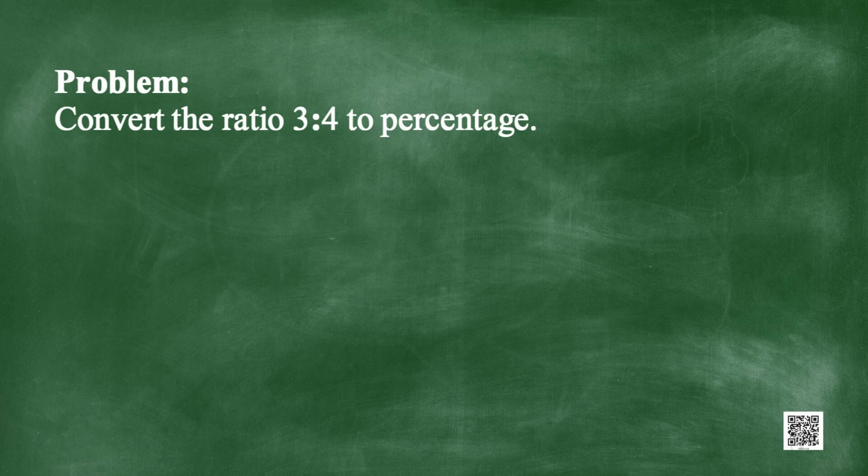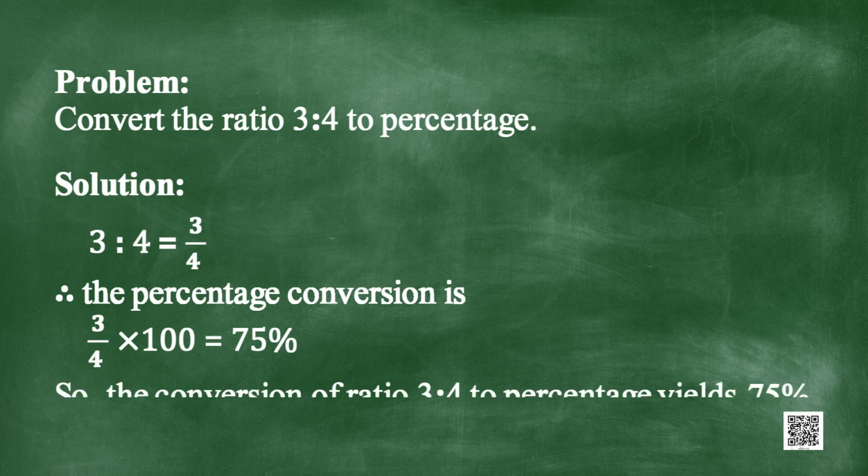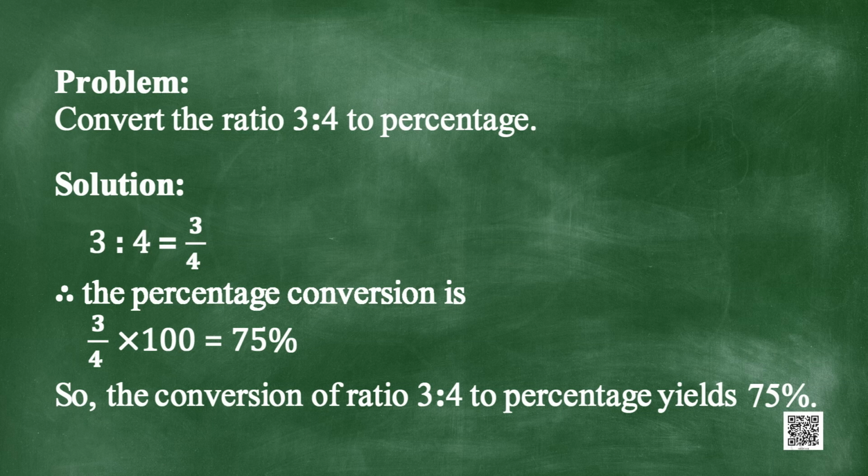Let's solve this using the unitary method. The percentage conversion will be given by 3/4 multiplied with 100. We know that 4 goes into 100, 25 times. So 3 times 25 will be equal to 75%. Therefore, the conversion of ratio 3:4 to percentage yields 75%.